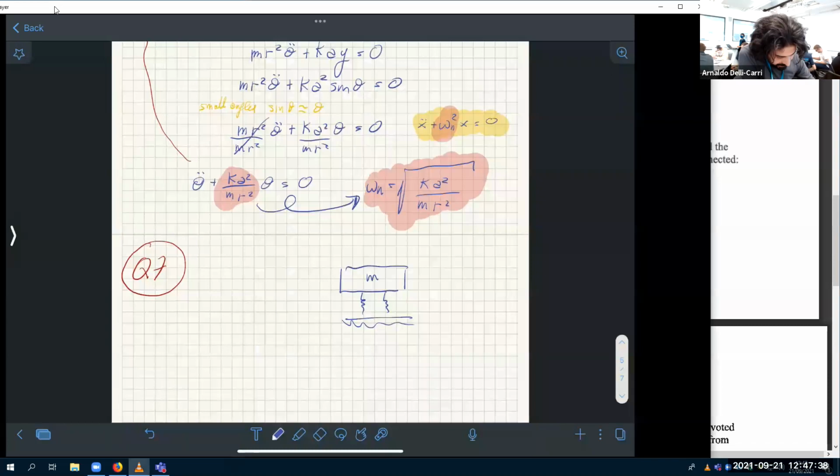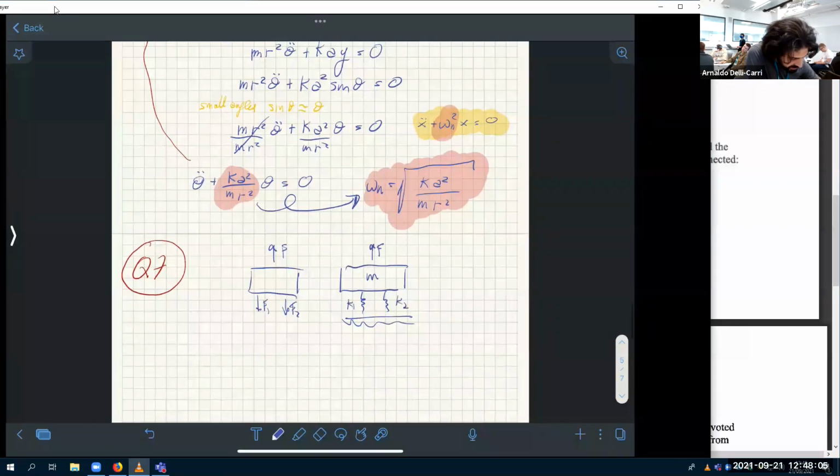You have springs in parallel like this, K1 and K2. What happens is that if I apply a force here, the sum of the forces of these two springs must balance the force that I applied. Agreed? If you do the free body diagram, you get that this is F, this is F1, and this is F2. So for equilibrium, F1 plus F2 equals F.